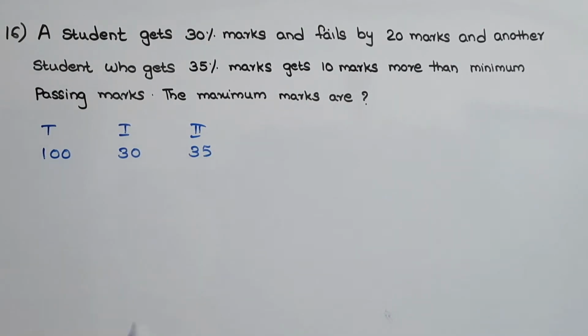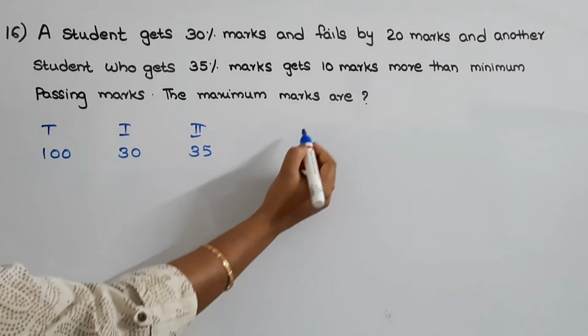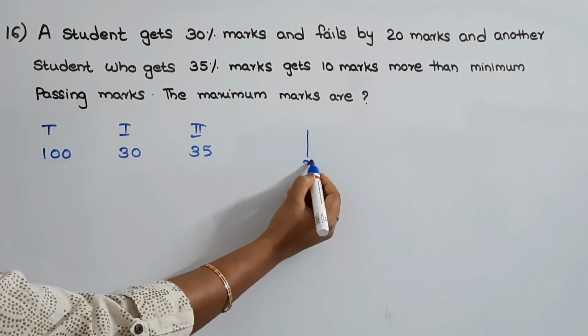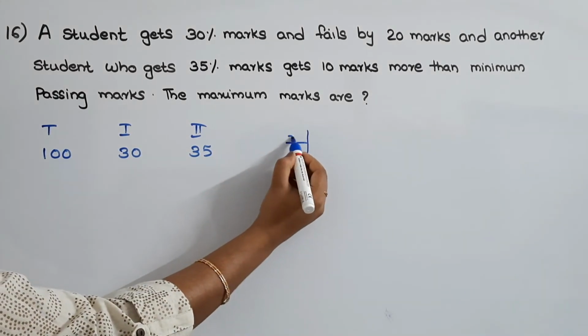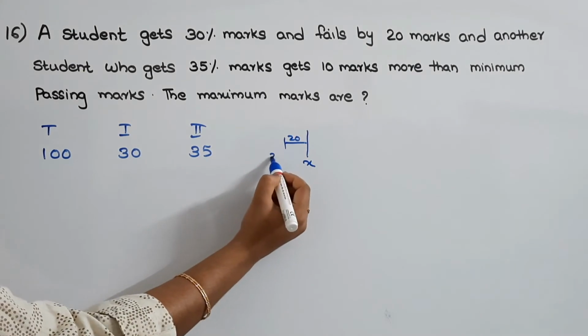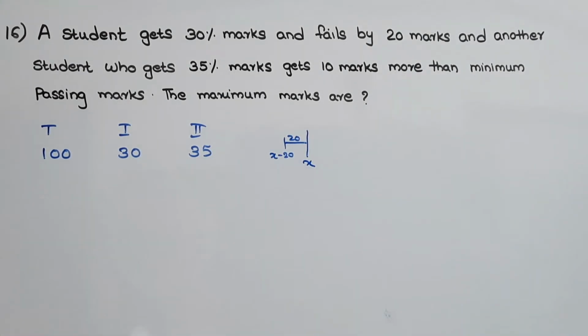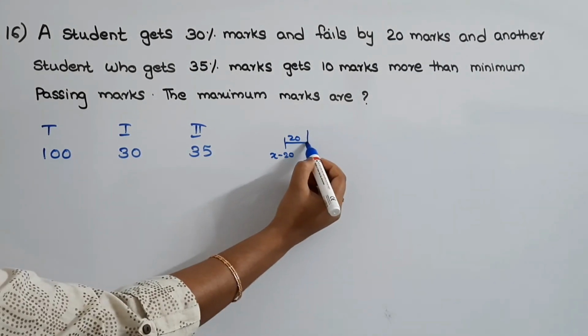Okay, so in the question they are telling that the first student fails by 20 marks, which means if we take x as the minimum passing marks, the first student got 20 marks less than the minimum passing marks. So that will be equal to x minus 20, and they are telling that the second student got 10 marks more than the minimum passing marks.